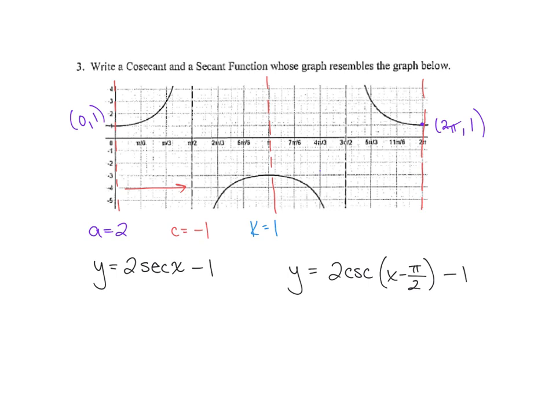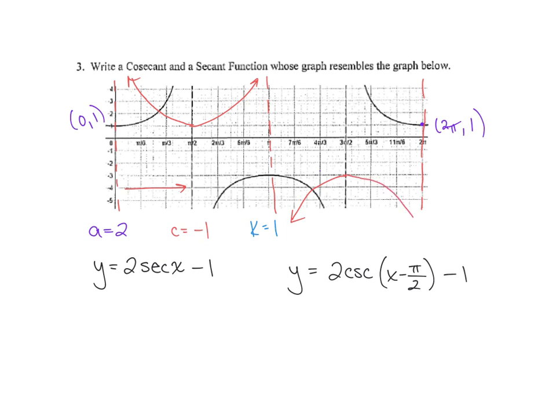Where our base cosecant graph has asymptotes. And I'm also hoping we can picture those. Let me just get my bearings here.